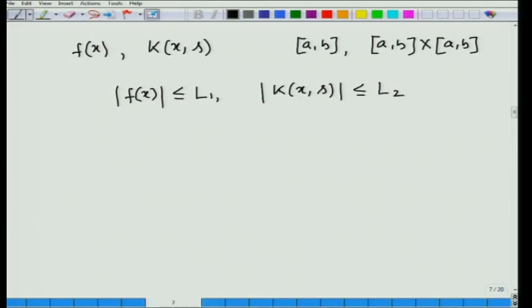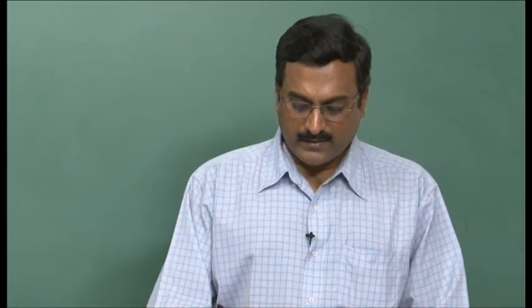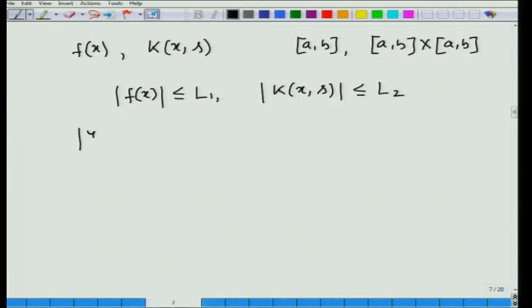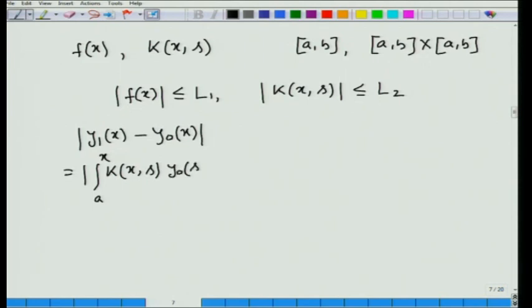Now, our target is to prove that the iterates uniformly converge to a continuous function. So, for this purpose, first of all we can calculate this difference, modulus y1 x minus y0 x. Now, this is equal to modulus of integral a to x k x comma s y0 s ds.